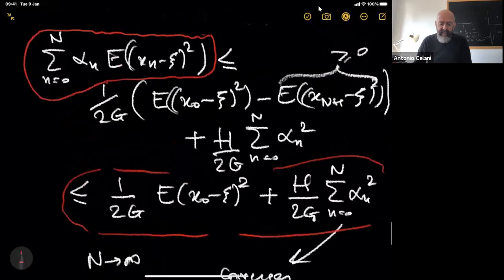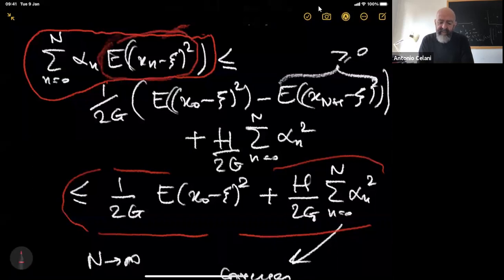Now, if my sum of the learning steps diverges, it's not possible for this term here to be finite. This cannot be finite, because if it were finite in the limit, the left-hand side would diverge as well.